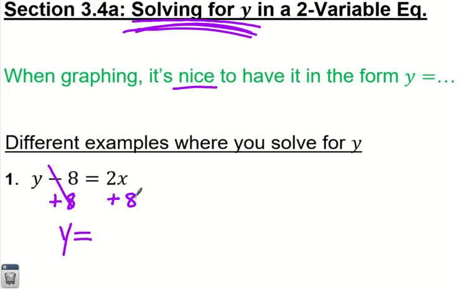So this term, this 8, is just going to be over here on the right side now. It doesn't have to combine with the 2x. It could just be a separate term that's just over there now. So in a way, 2x plus 8 is 2x plus 8, you know?